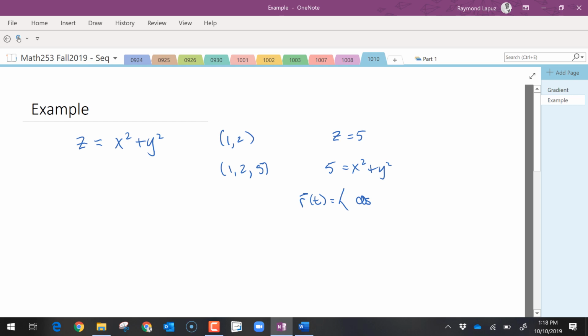I'm going to leave some space here because I'm going to make our radius to be whatever the radius is. What is the radius, by the way? So the radius is square root of 5. So if I put the square root of 5 into this function, or square root of 5 cosine theta and square root of 5 sine theta, I should get square root of 5 cosine theta squared. Oops. Okay. Slow it down.